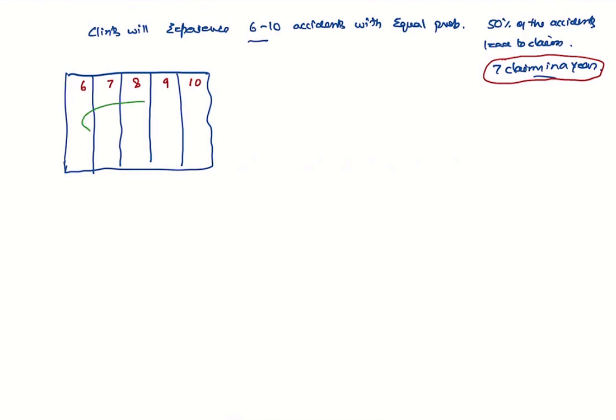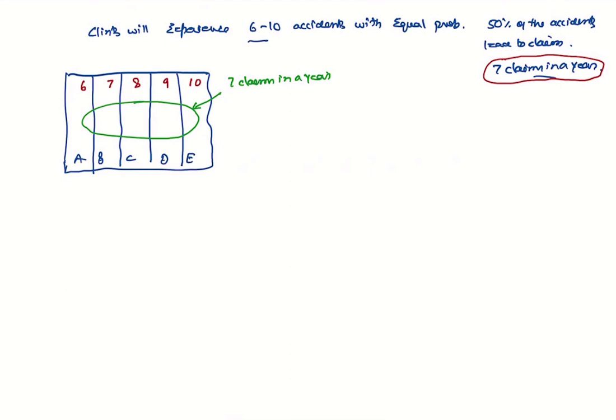So this is the other event, which is 7 claims in a year, and you can label them as A, B, C, D, E.